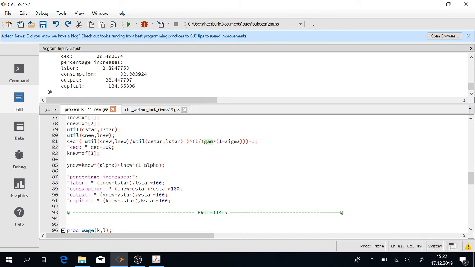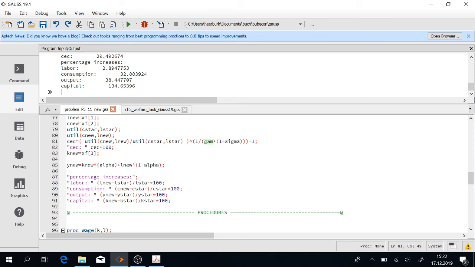So labor increases by 2.9%, consumption by 32.9%, output by 38.4%, and the capital stock increases by 135%, so more than doubles. The welfare effect that is associated with this new policy is a consumption increase of 29.5%.